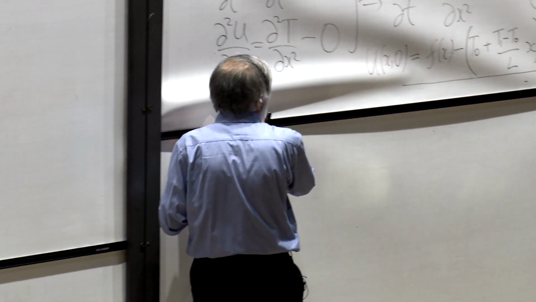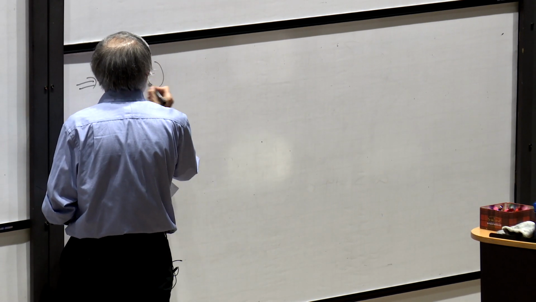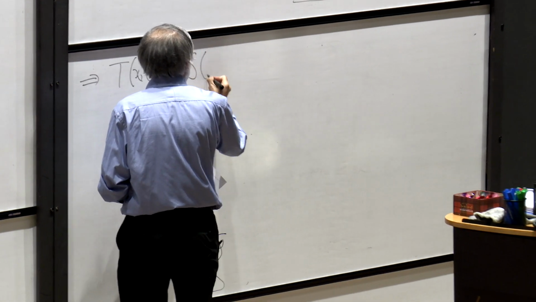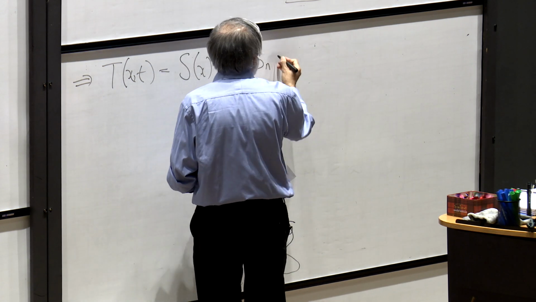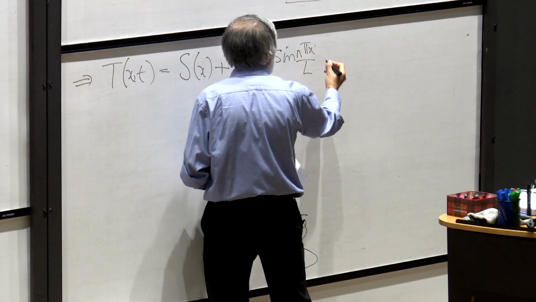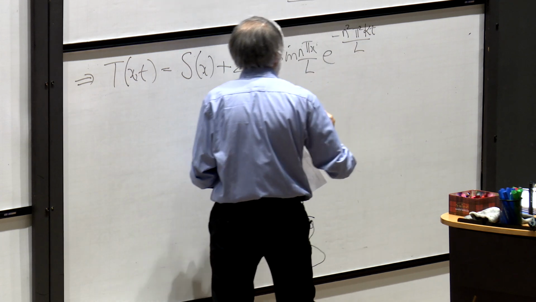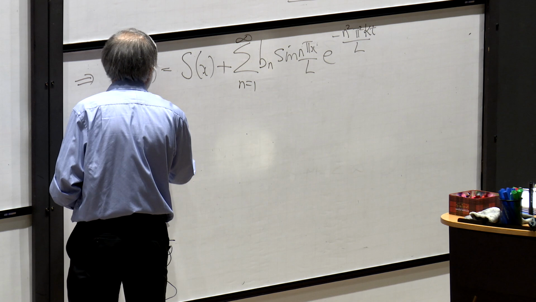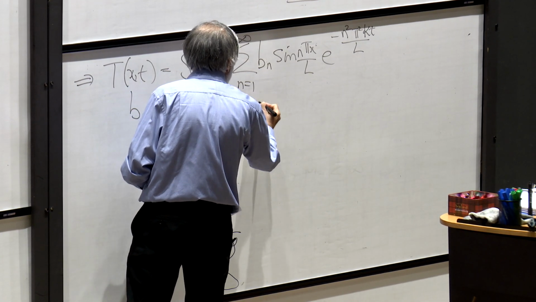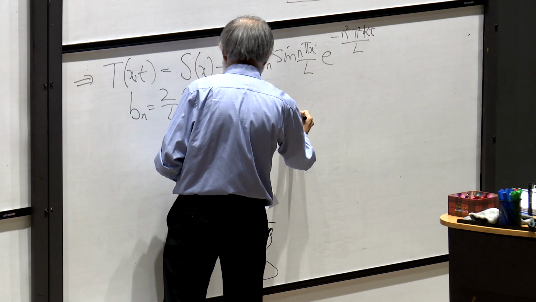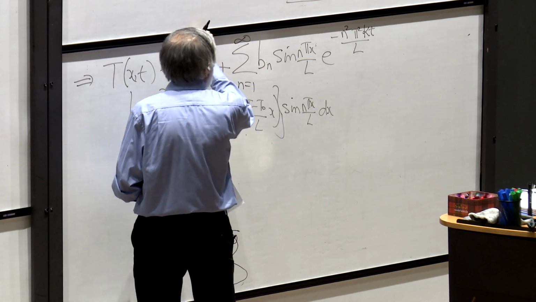So when we solve this now, what we will then get is T of x,t equals S of x, plus u, which would be the sum, n goes from 1 to infinity, bn sine n pi x over L times e to the minus n squared pi squared kappa t over L. That's it, where bn is 2 over L, integral from 0 to L, f of x minus T naught plus T1 minus T naught over L times x times sine n pi x over L dx. It's over L squared, yep, thank you. That's absolutely right.